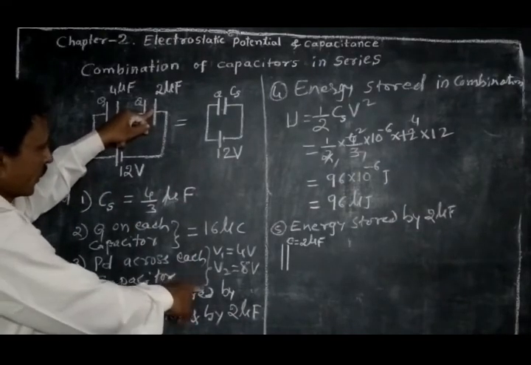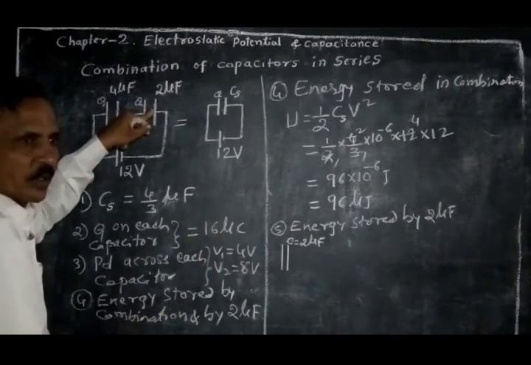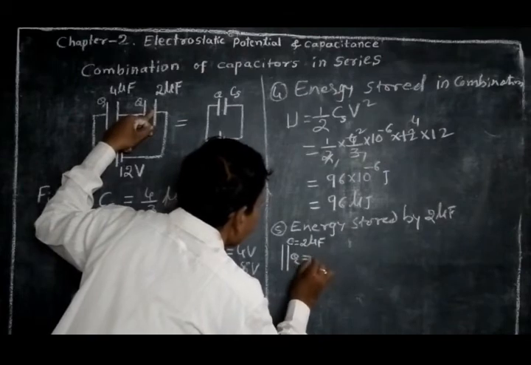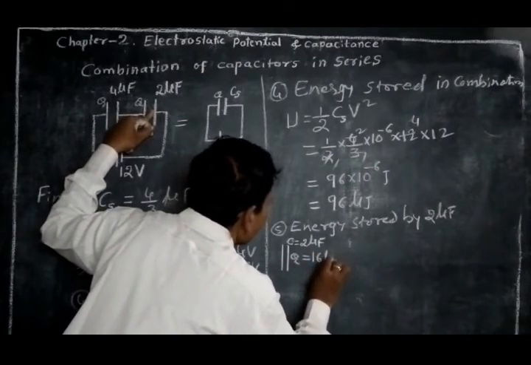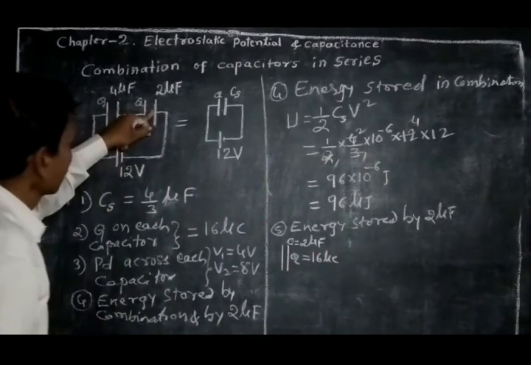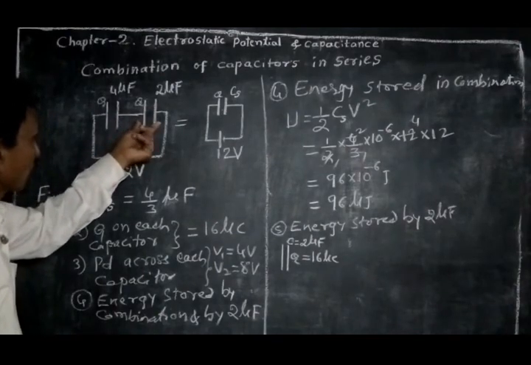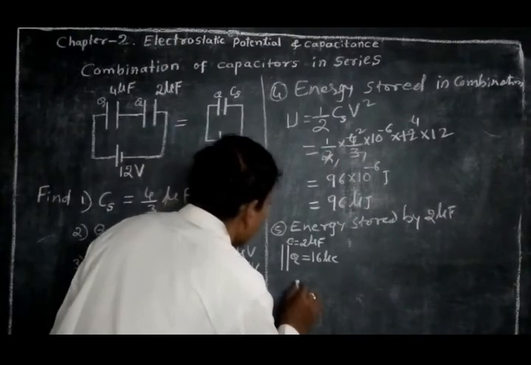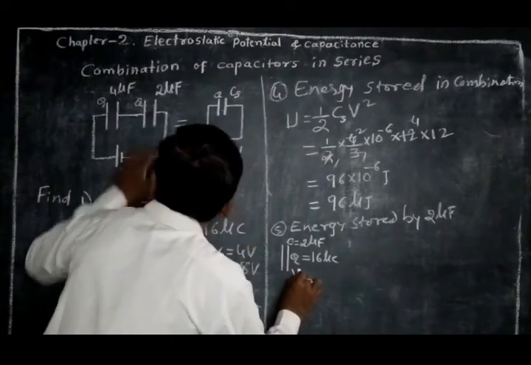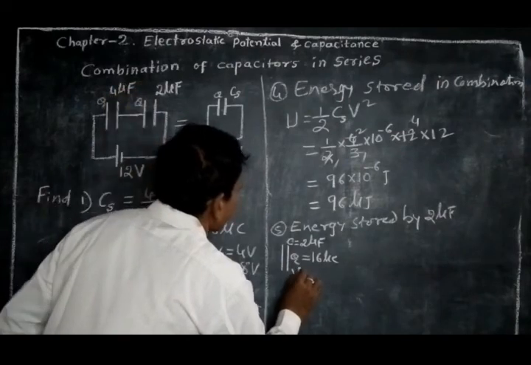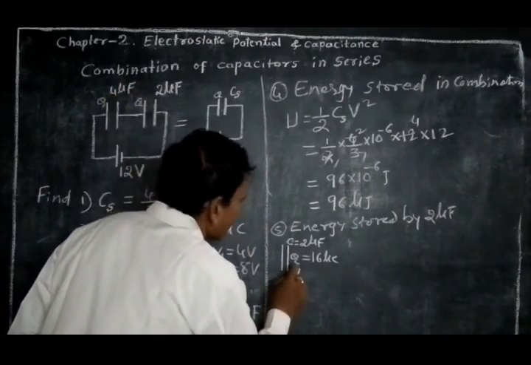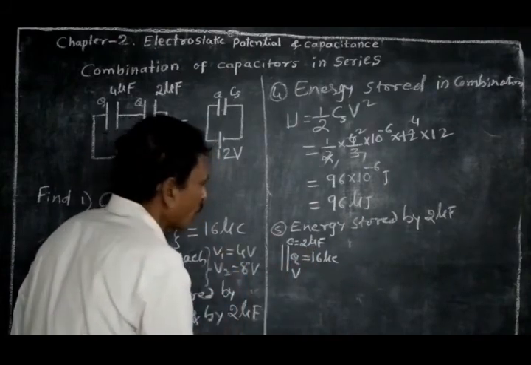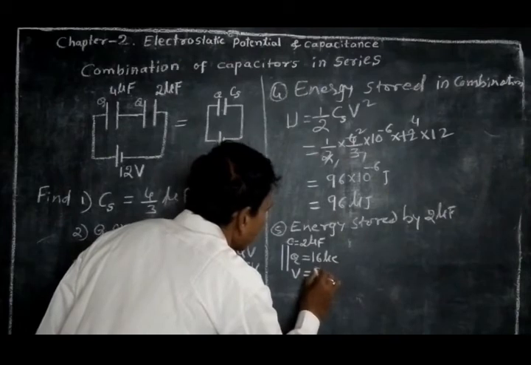Each capacitor has 16 microcoulomb. Therefore, Q equal to 16 microcoulomb. Then what is the potential difference across it? That is V2 equal to 8 volt. So for the 2 microfarad capacitor, C equal to 2 microfarad, Q equal to 16 microcoulomb, and V equal to 8 volt.